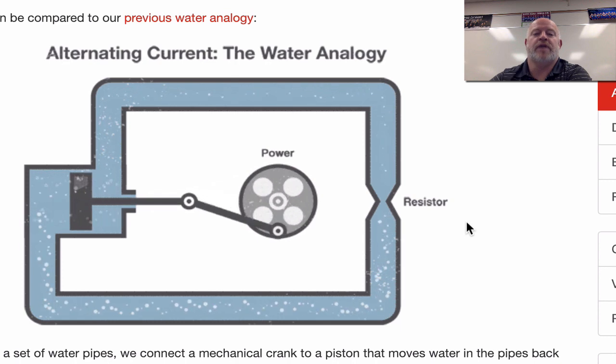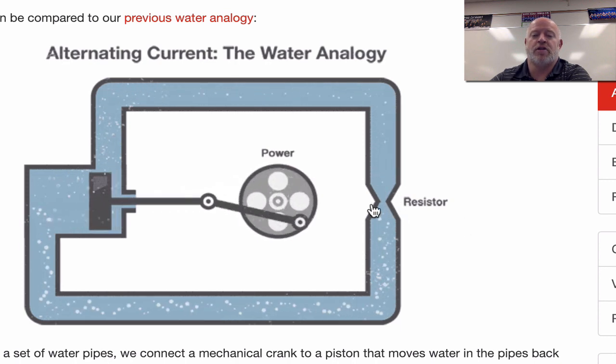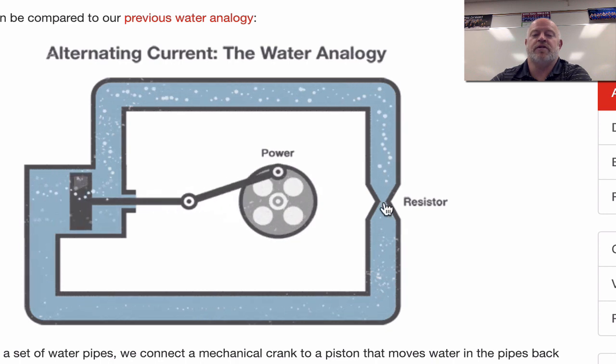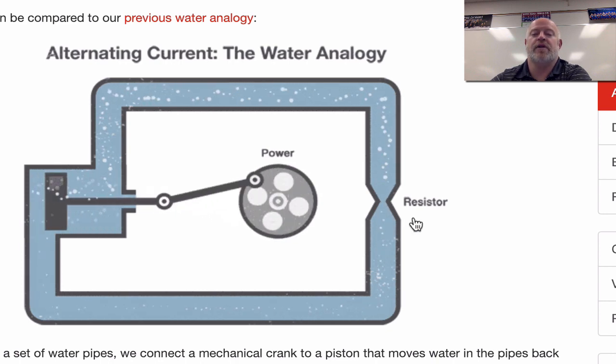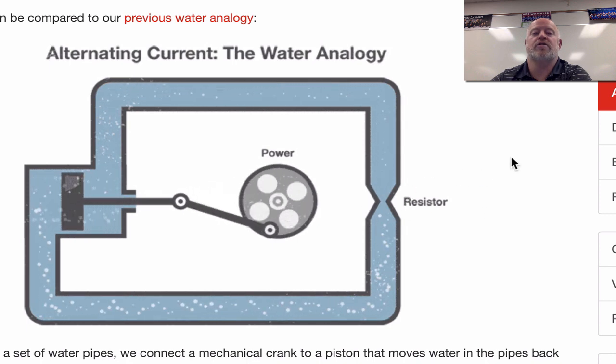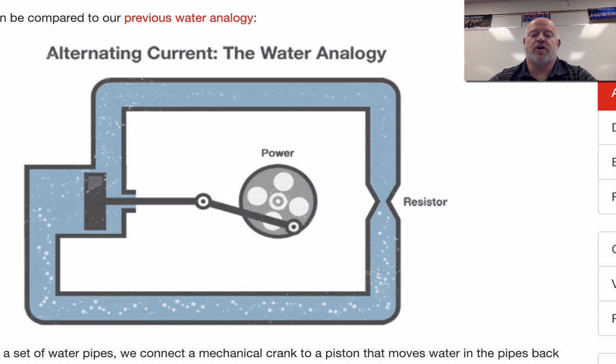Whatever our load or resistance is, the electricity gets pushed this way, then that way, and that alternating current has a constant electron flow across the resistor. That's what we call AC current.